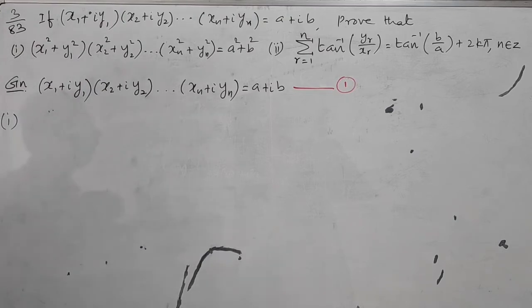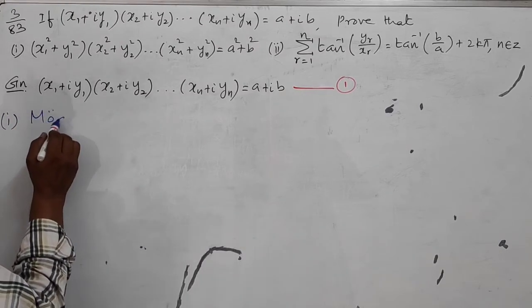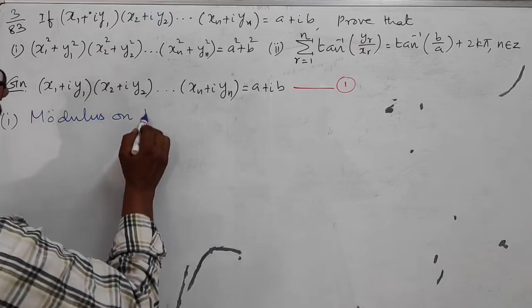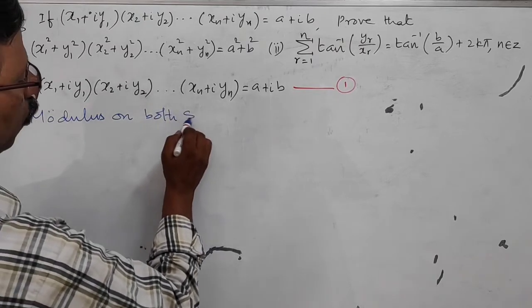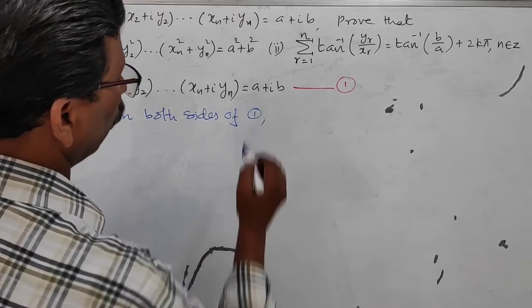This can be obtained only by taking the modulus of a complex number. Therefore, you are taking modulus on both sides of equation number 1.